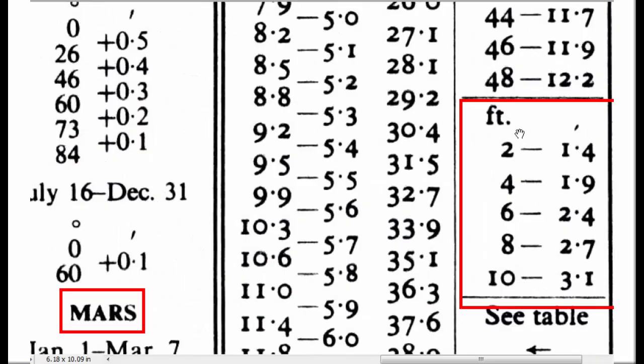Okay? So if your height of eye is 2, 4, 6, 8, or 10 feet, these are the corrections for dip. And this is a minus sign, minus 1.4, minus 1.9, and so forth. So the dip correction for 8 feet, which we have, is minus 2.7.